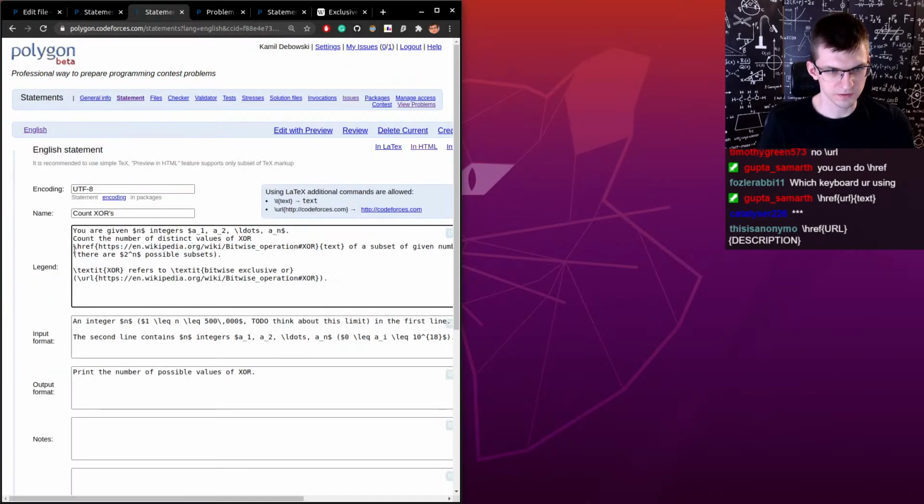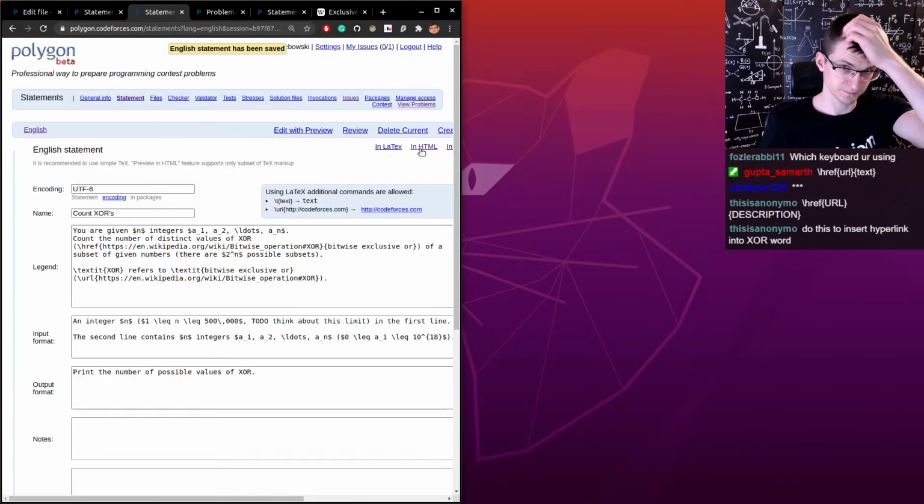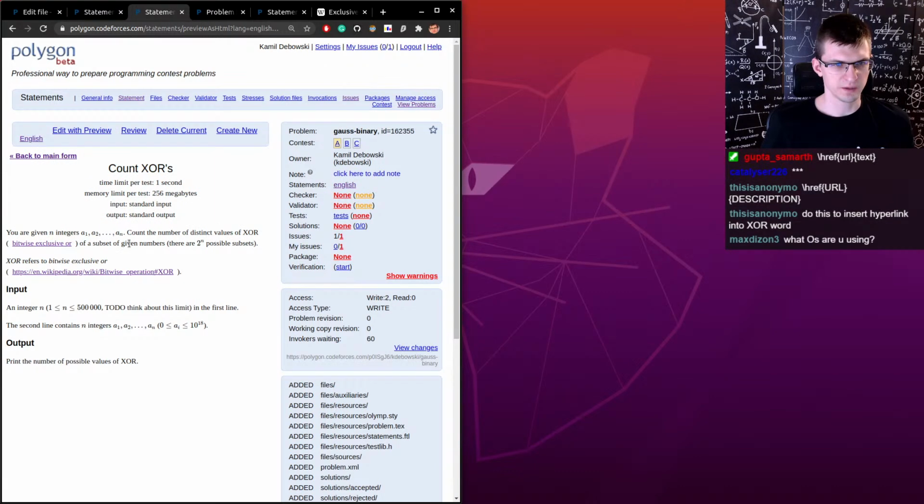So now instead of text, I want to say bitwise exclusive or and close brackets. Count the number of distinct values of XOR in brackets, bitwise exclusive or of a subset of given numbers.